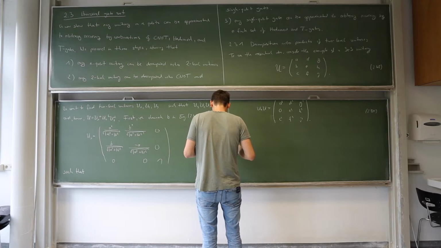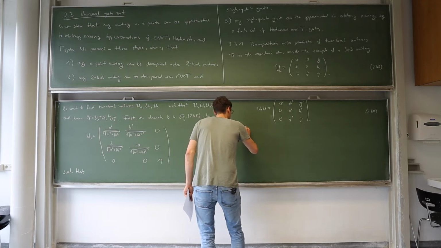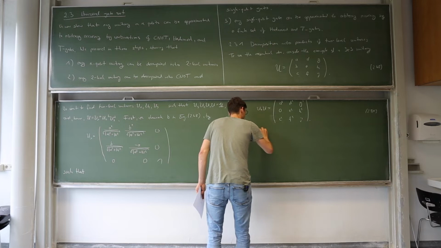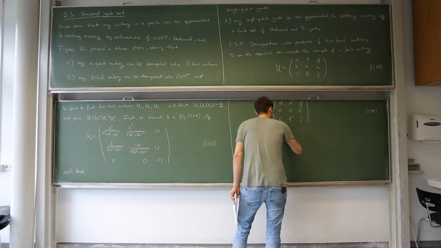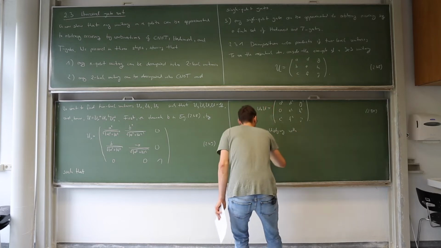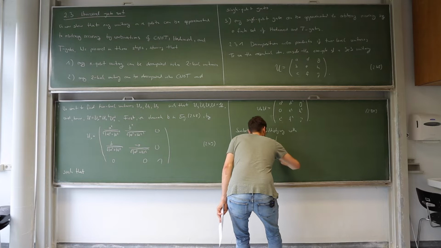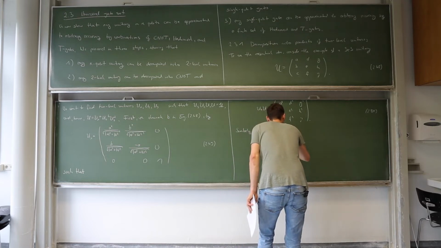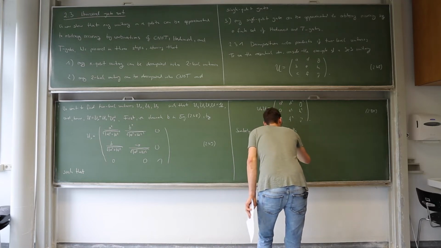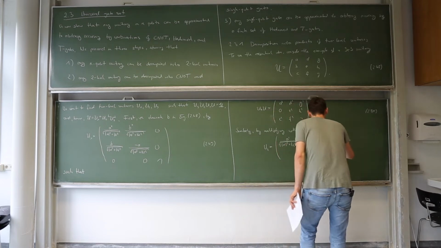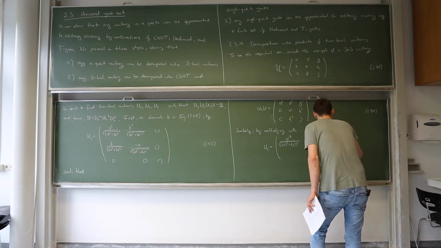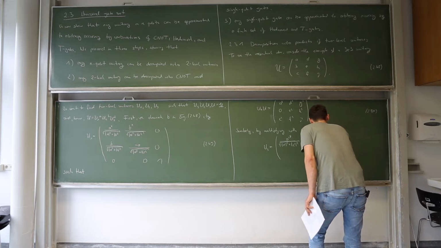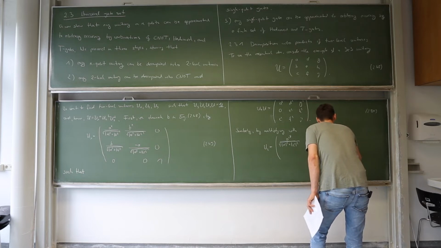So we have now similarly, by multiplying with u2, A prime divided by the square root of A prime squared plus C prime squared, then 0 and, sorry, this is complex conjugation, then C prime complex conjugated and A prime squared plus C prime squared.